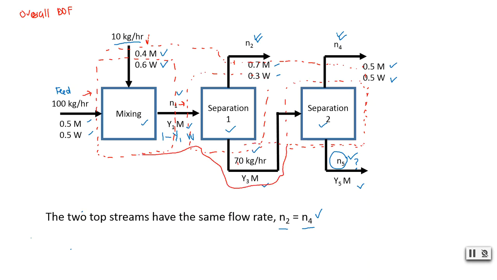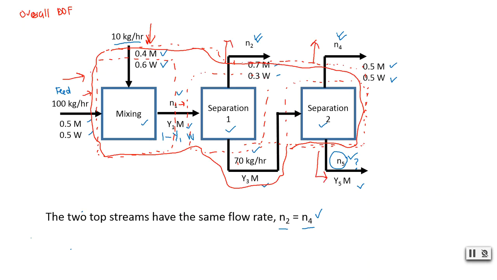If you consider the overall DOF, what goes in is stream 1 and 2, and what goes out is 1, 2, and 3.